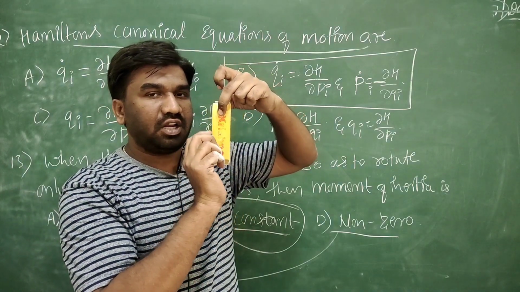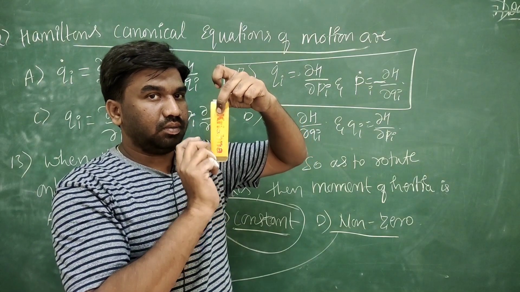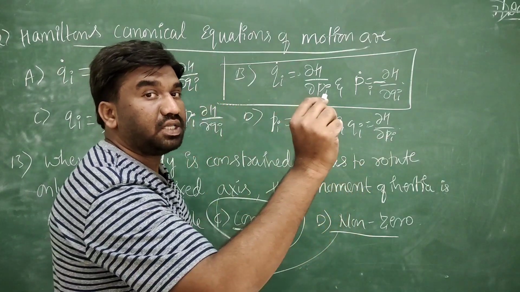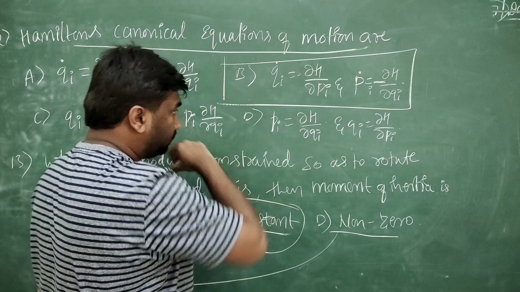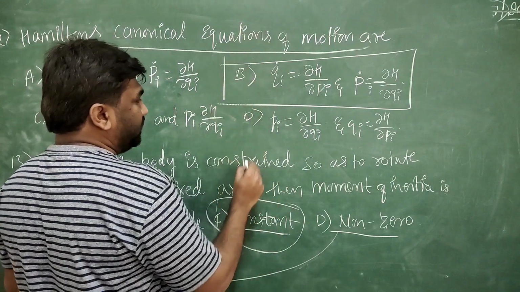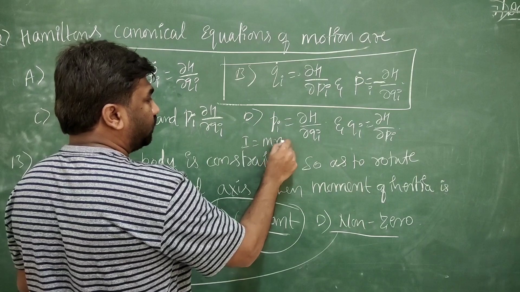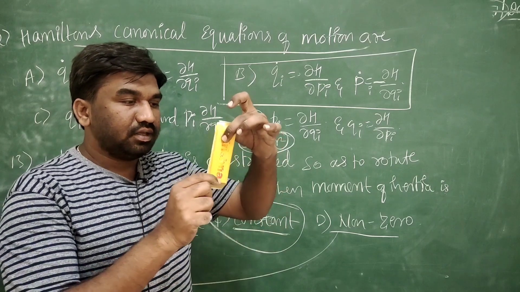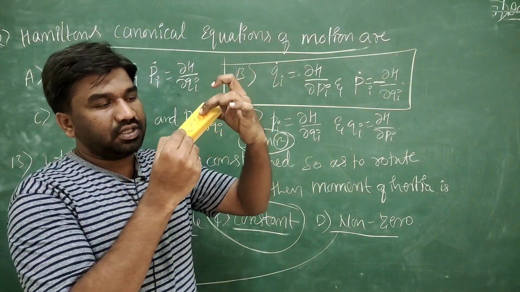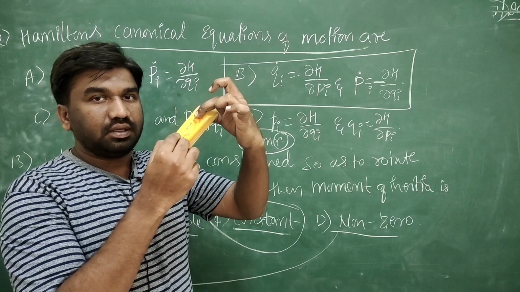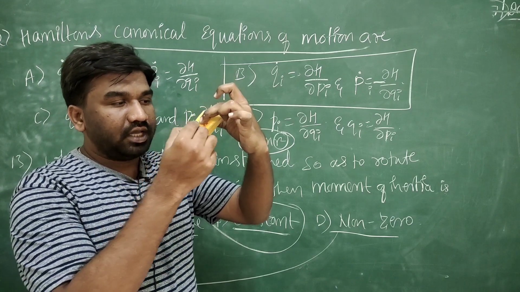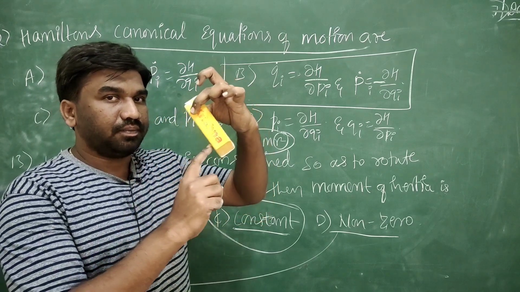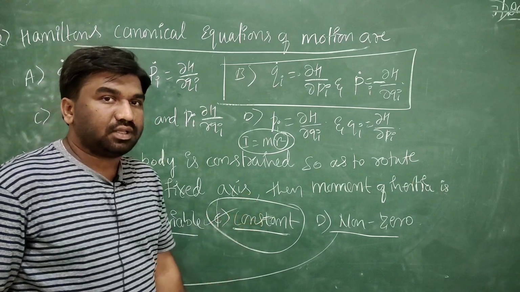Moment of inertia means mass and r square, that is, the particle position or center of mass position. So I is equal to m r square, which is fixed. The r square is not changing. So it is constant, option C is correct.